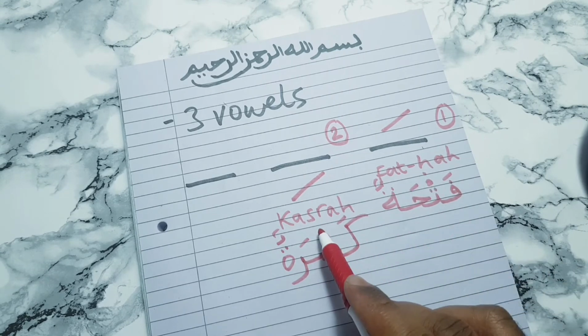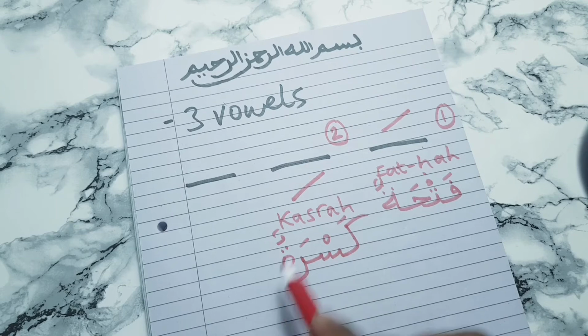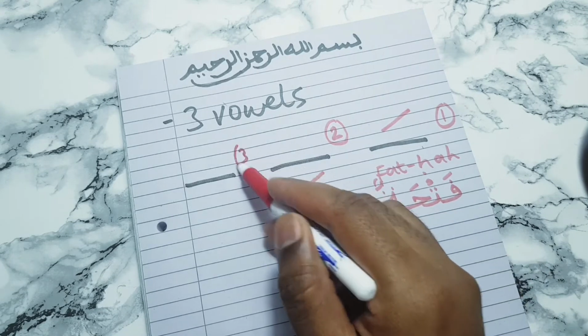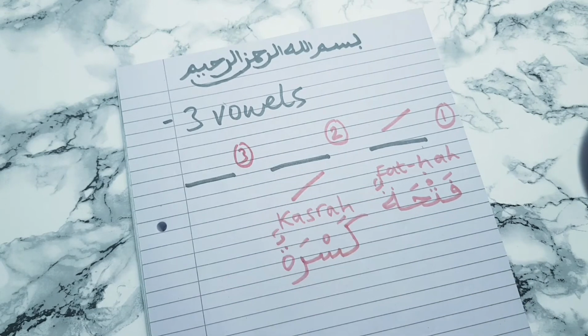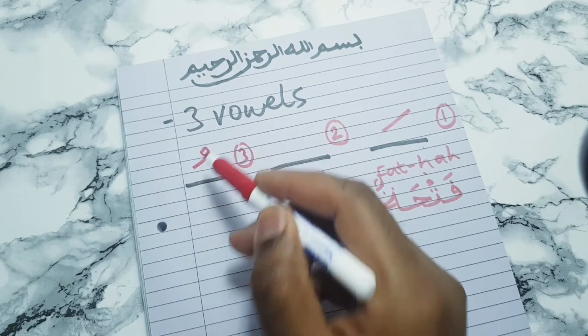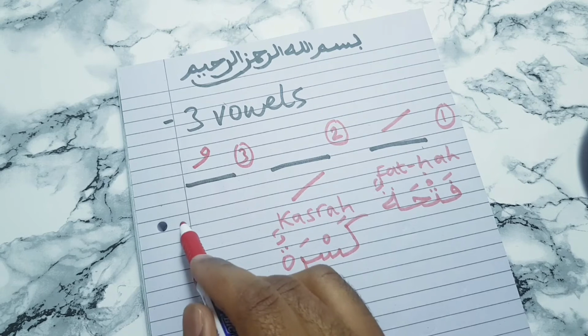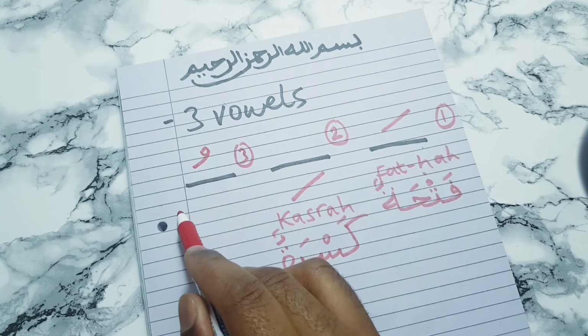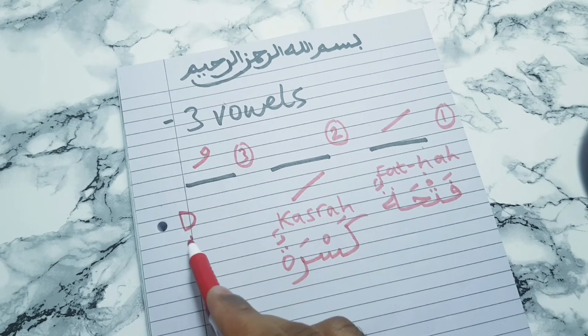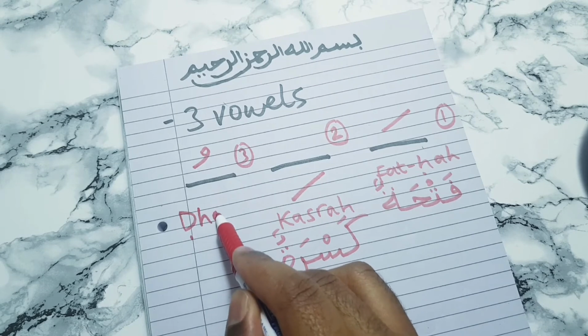Fatha. Second is kasra. The third one looks like a wow, and it's placed on top of the letter. Okay, and it's called dhamma. Dad, yeah? This dot under the D represents dhamma.